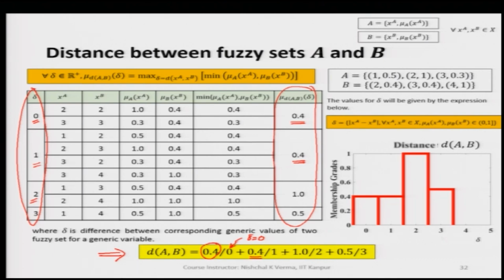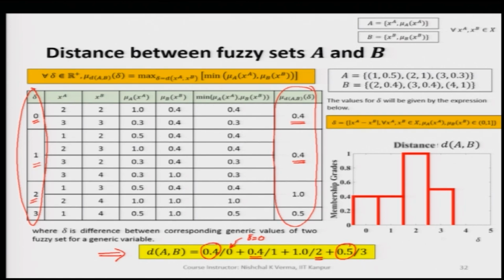So, for delta is equal to 1 we are getting 0.4 as its corresponding membership value. And then for delta is equal to 2 we are getting 1, and similarly for delta is equal to 3 we are getting the corresponding membership 0.5.